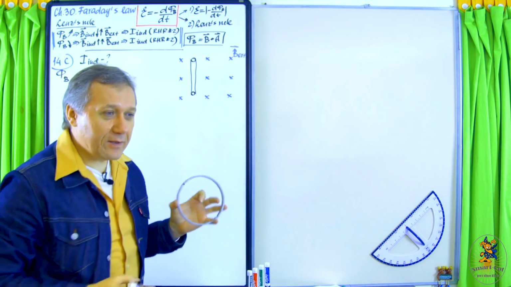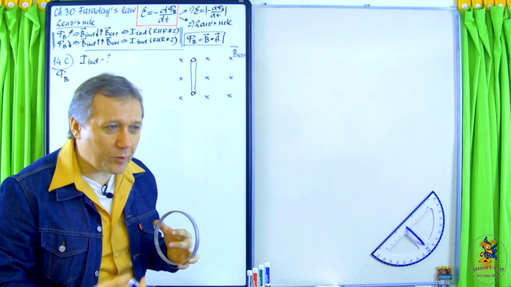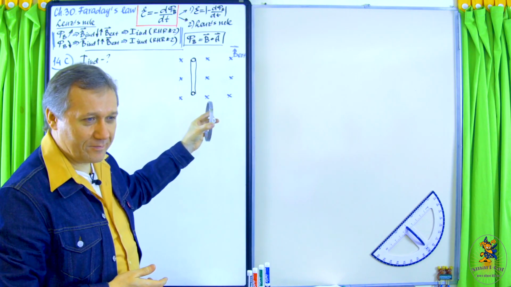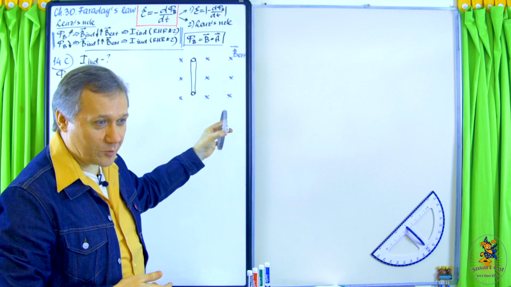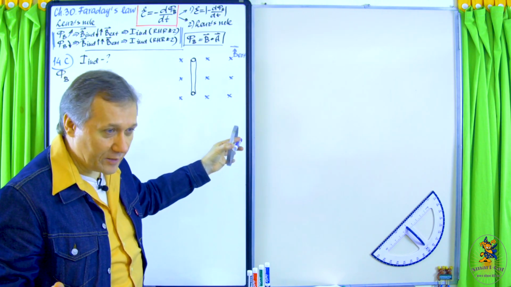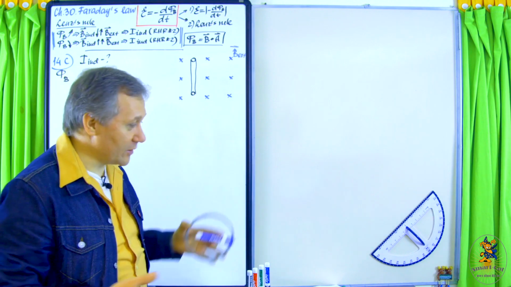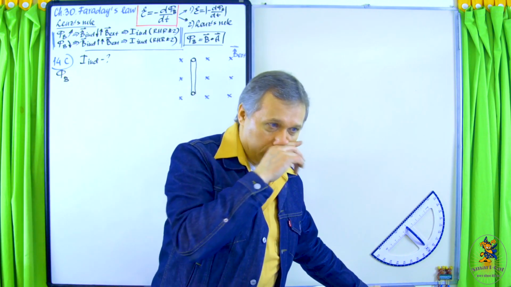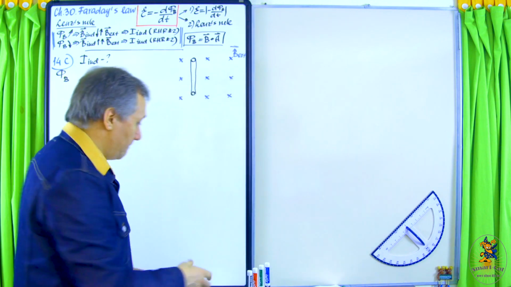So magnetic field lines physically cannot cross this loop. They are parallel to the surface. So what should be the value of the magnetic flux? 0. Not should be, it is 0. You see that?